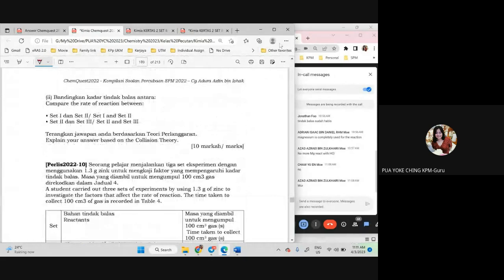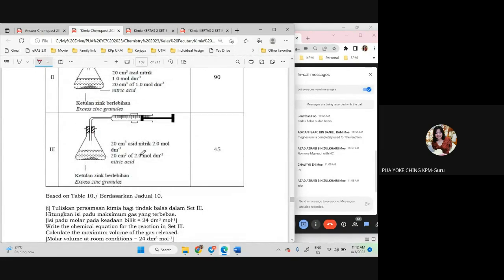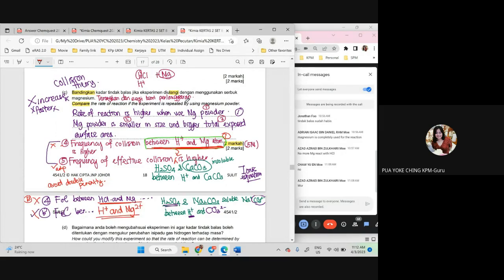Okay, this one. Tengok. Untuk contoh yang macam ni, set 1, set 2 dan set 3. You are using the same reactant, right? So, pastikan between yang atas, you pakai balik between yang sama dekat bawah. So, kita hanya tolak sekali markah. Okay? Only 1 times penalty untuk benda salah yang sama. So, that one is between.